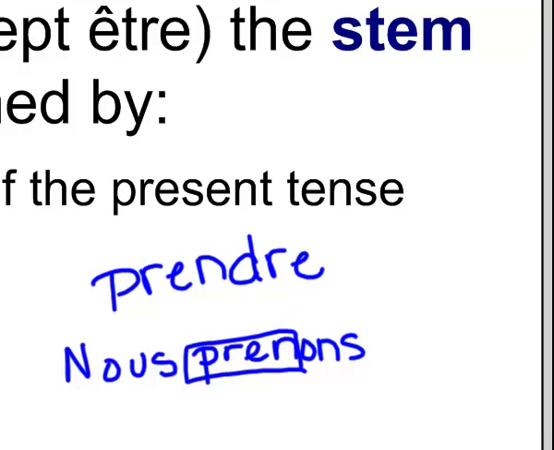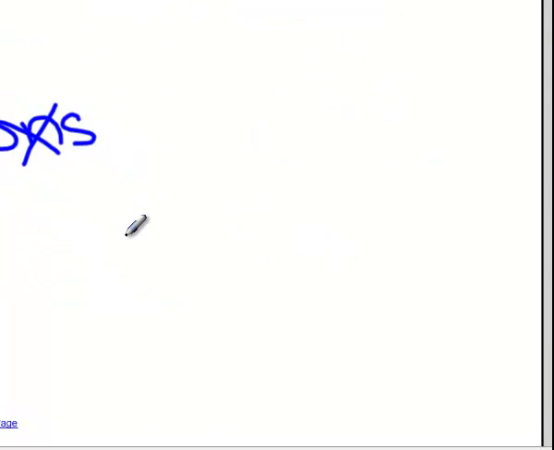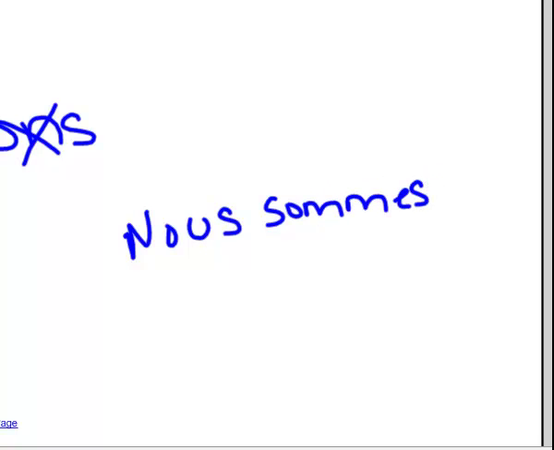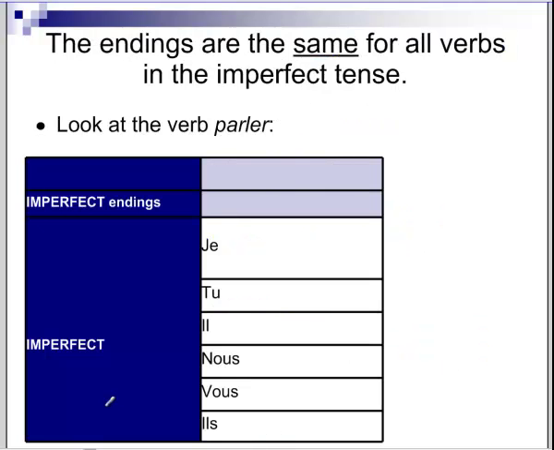The reason why the verb être is the only exception is because être is the only verb in the entire French language that doesn't have an ONS in the nous form. If you remember, the nous form of être is sommes, and there's not an ONS to take off. So we'll talk about how to form être in the imparfait a little bit later. But for right now, let's look at those imperfect endings.